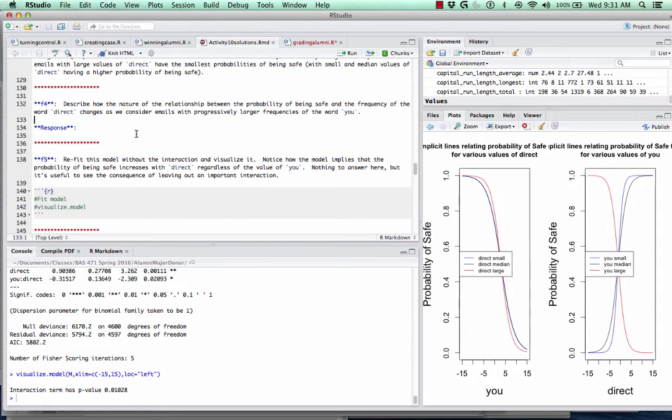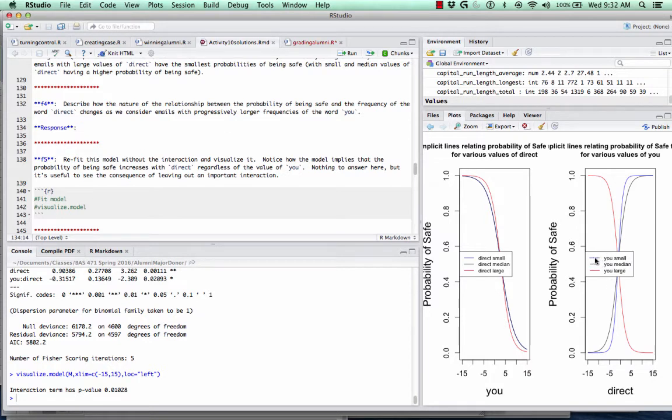All right, F4 asks us to describe how the nature of the relationship between the probability of being safe and the frequency of the word direct changes as we consider emails with progressively larger frequencies of the word you. So we're being asked to describe the plot going on over here, and what changes about this curve as we consider emails with progressively larger values of the frequency u.